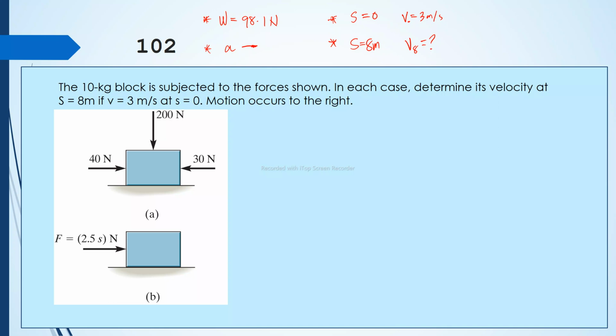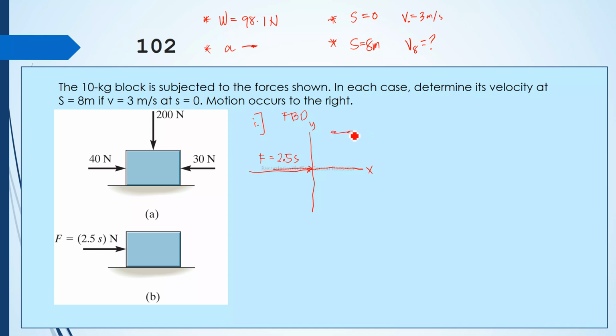We need to find its velocity. Same problem. And first again, we'll draw the FBD. So we have an FBD here. This is the X, this is the Y. We have a force towards the right that is equal to F equal to 2.5 s.